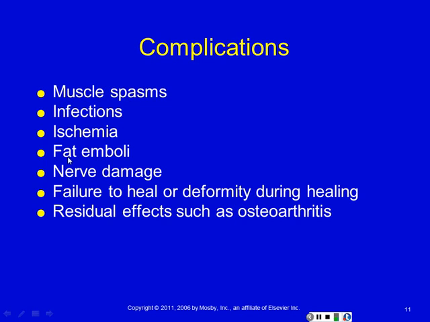Infections, like we talked about. Fat emboli: the marrow cavity of the large bones is full of adipose tissue, full of lipid. When you break that open, you can send little bits of lipid flying through the blood vessels. And they can lodge in the brain, they can lodge in the lungs, and they can cause infarction.